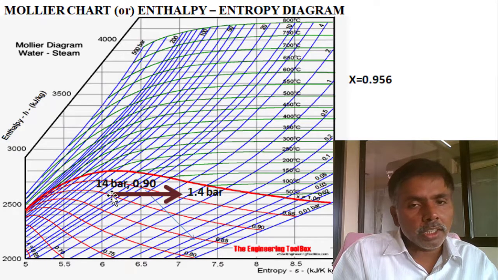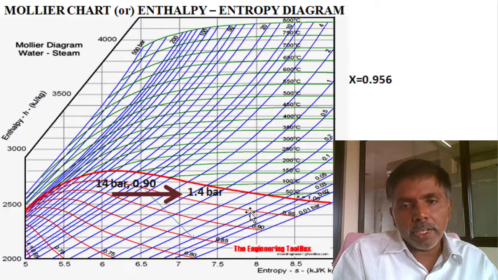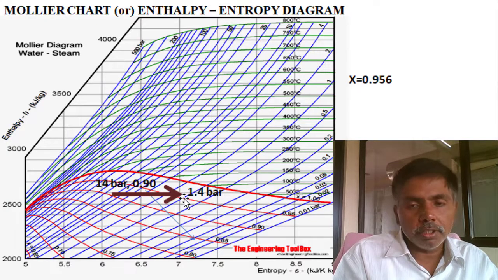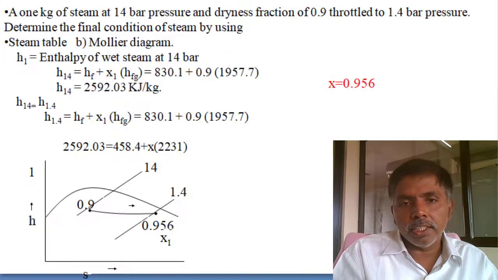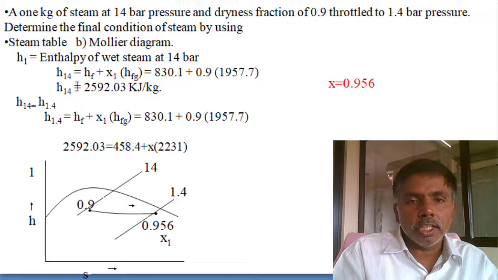Simply I am moving horizontally because this is an iso-enthalpy process. So this is not the superheated region. This is also the wet region, around 0.95 something, 0.955. So it is also the wet region only. Simply we can determine it. Otherwise, write down the equation. Initial condition: hf plus x into hfg. The final condition at 1.4 bar: hf plus x into hfg.